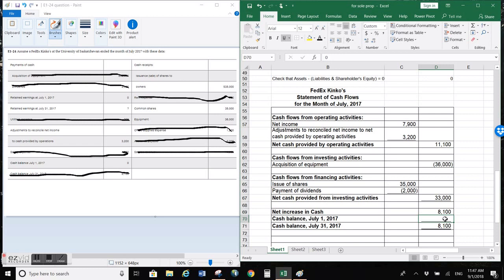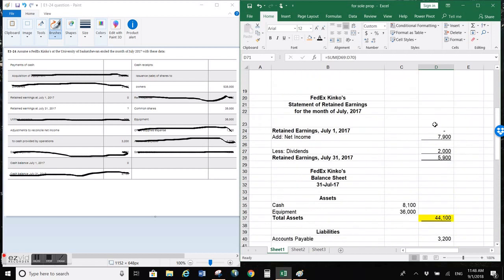We started out with nothing in the bank because the company just started in July. So it increased by $8,100. That's what we have in the bank. And lo and behold, that number, $8,100, is the same number that we report at the end of the month here on our balance sheet.